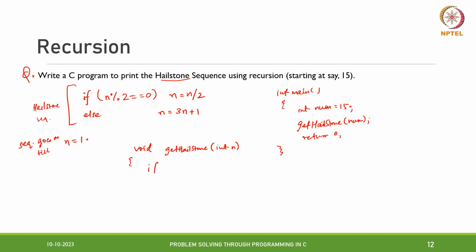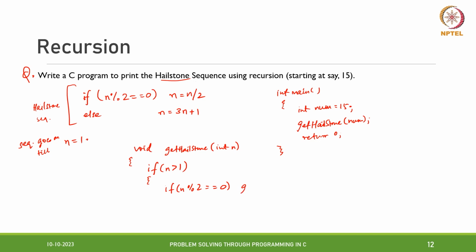So my condition is: if n greater than 1. At some recursion step, when n is greater than 1, we check if n is an even or an odd number. If it is even, we continue the hailstone sequence with n by 2. If it is odd, we continue the hailstone sequence with 3n plus 1.